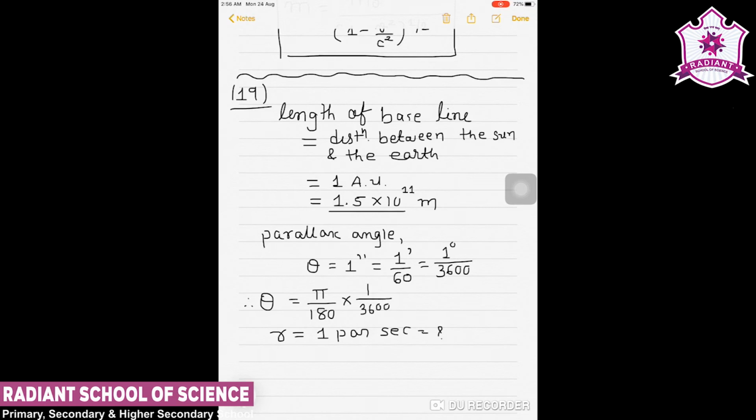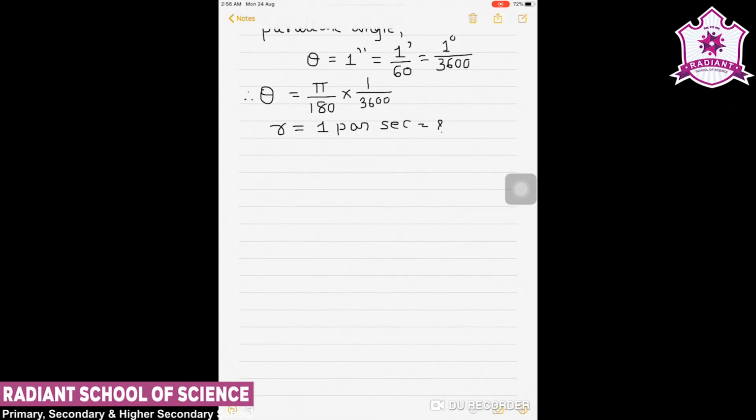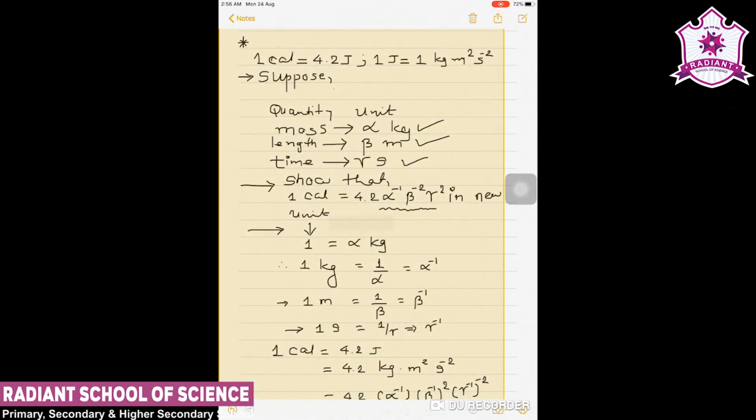Now obviously from the figure we can draw a simple figure.